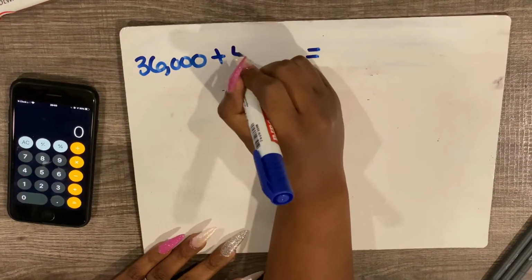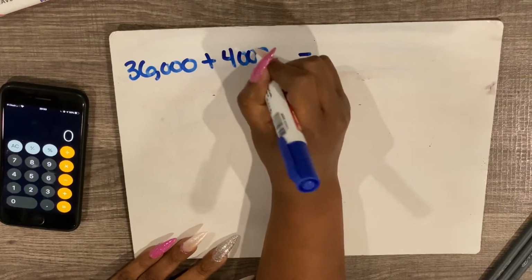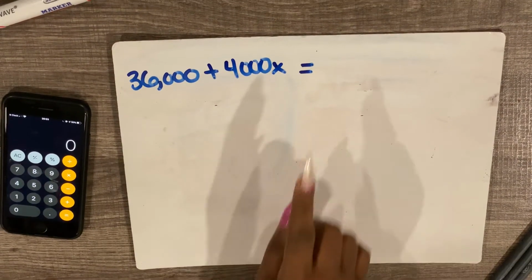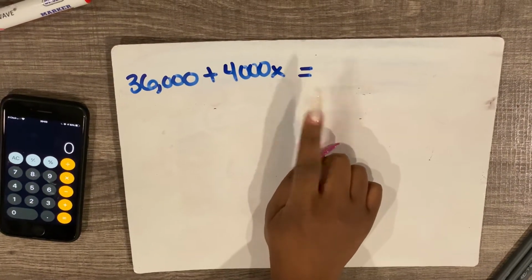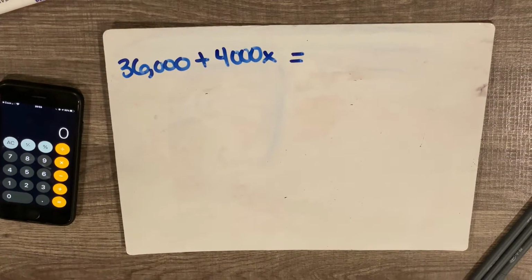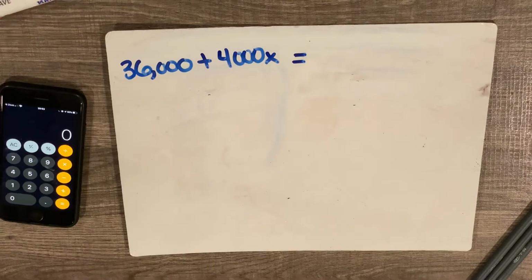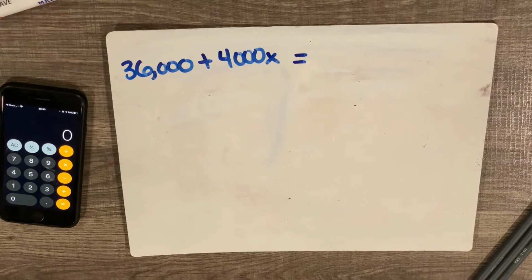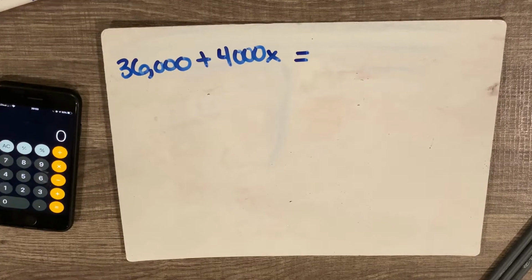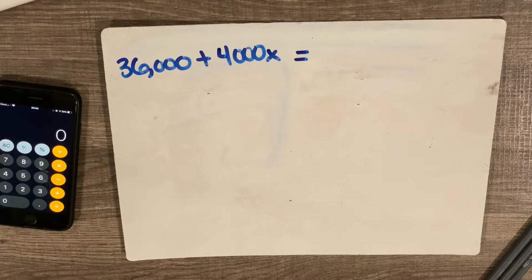What is his raise? 4,000 every year is his constant rate of change. Now, Ms. Tyndale, why did you put an equal sign right there? Because if I went back to the original question, the question is saying, how many years will it take before Marshall and Jim earn the same salary?